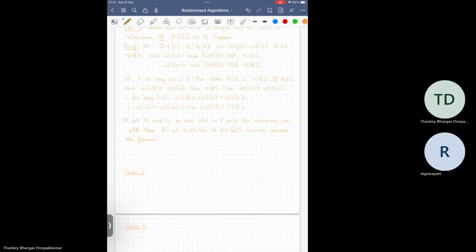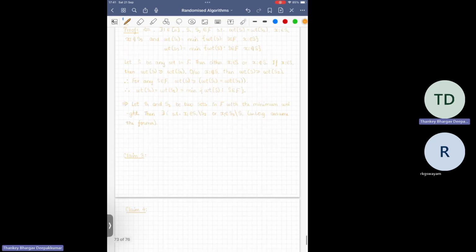Yes, because if every element of S1 was in S2 and every element of S2 was in S1, they would be the same set, right? Because S1 and S2 are different, this must hold true. And I can assume without loss of generality that xi is in S1 but not S2, right? Why? Because otherwise I would just relabel S1 and S2. Yes.